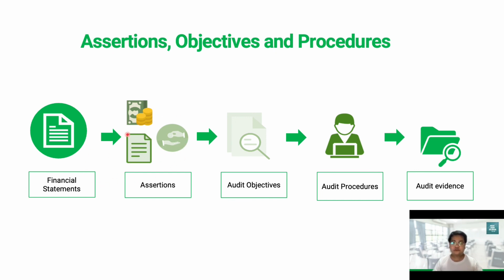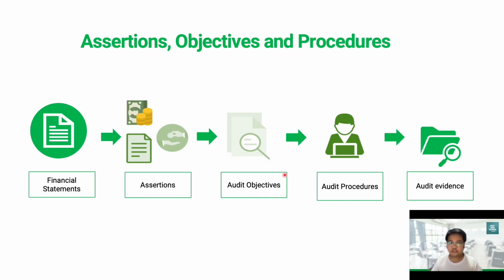For each of those assertions, we assign an audit objective. For example, one assertion under account balances is existence, the existence of an asset, liability, or equity interest. Our audit objective would be to test the existence of that particular asset, liability, or equity interest.